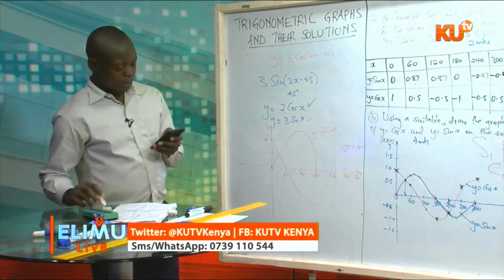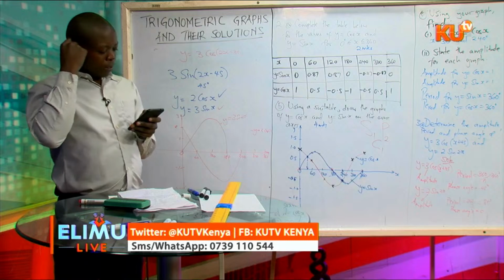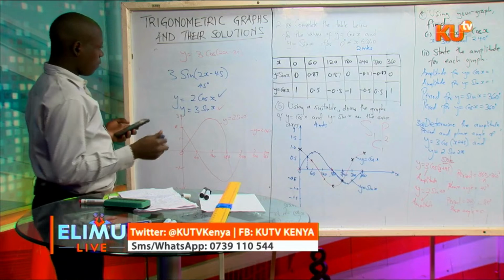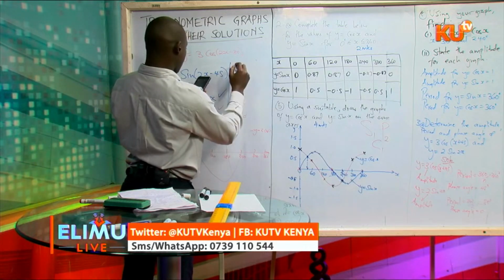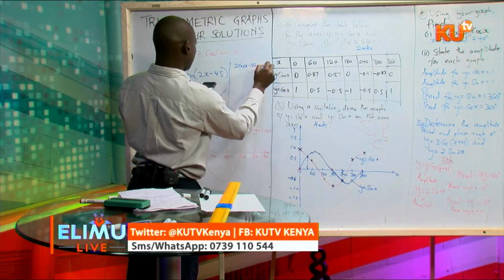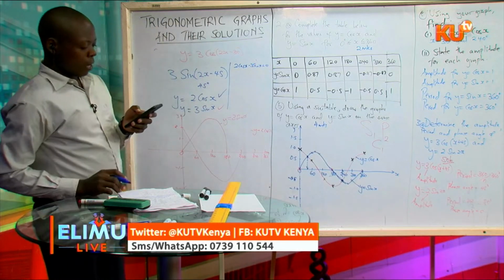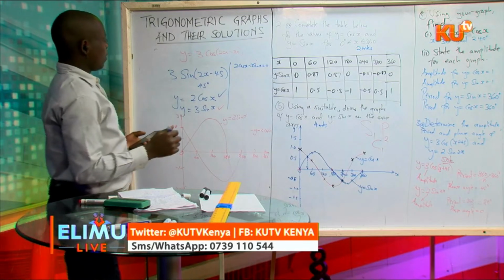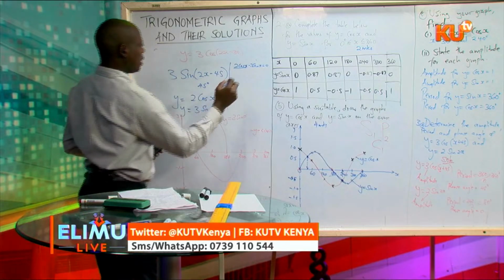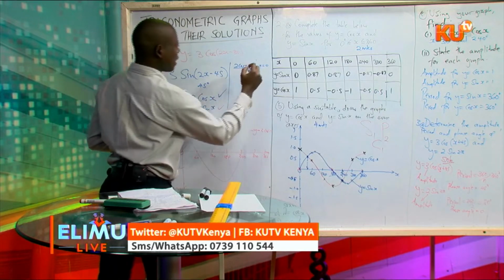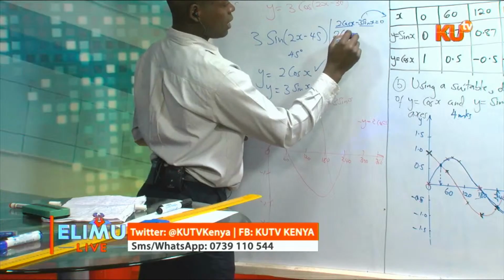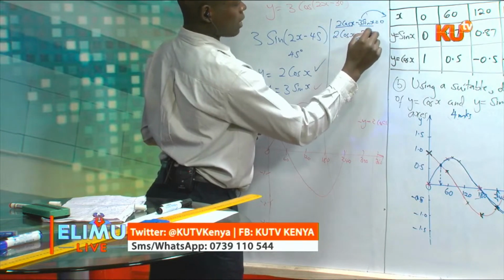And so what the student is asking is, you are told to solve 2 cos x minus 3 sin x is equal to 0. Now what you do is, this graph has already been drawn, same to this graph. So if I take this to the right hand side, then I will have 2 cos x is equal to 3 sin x.